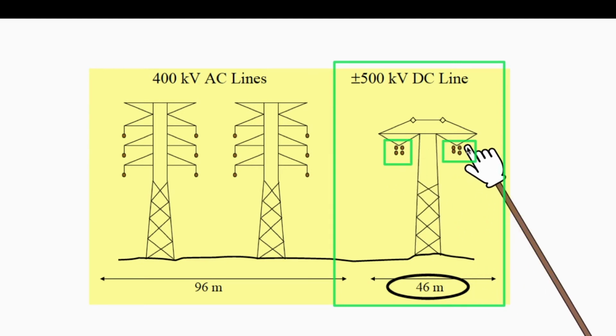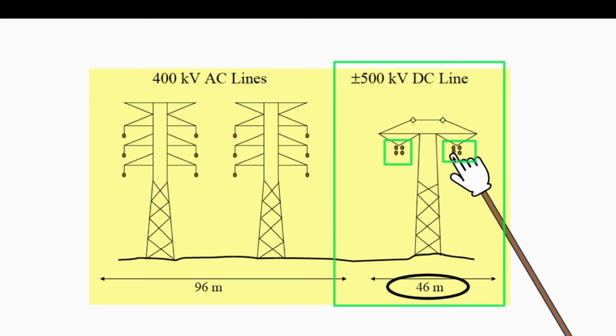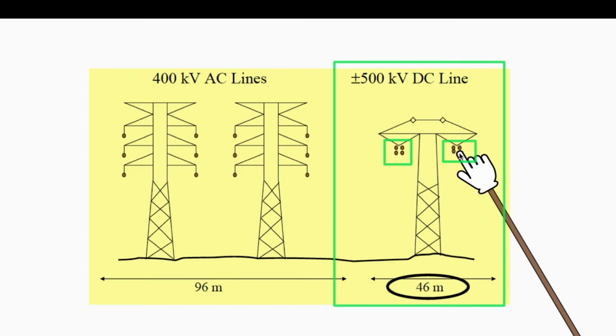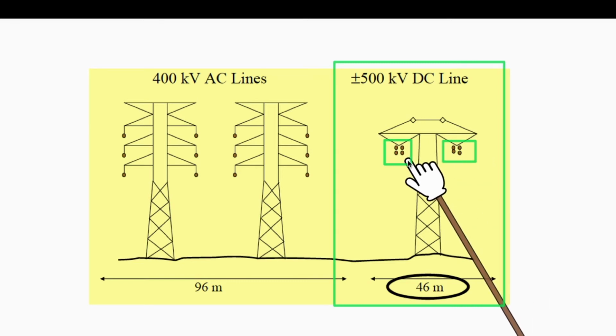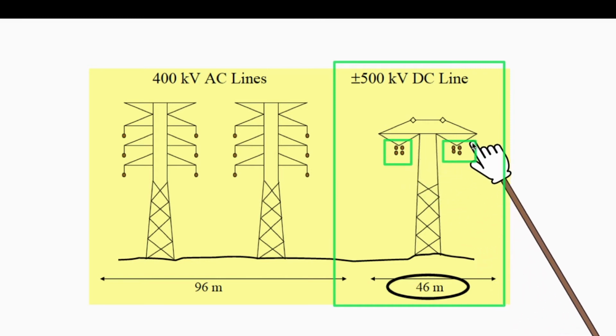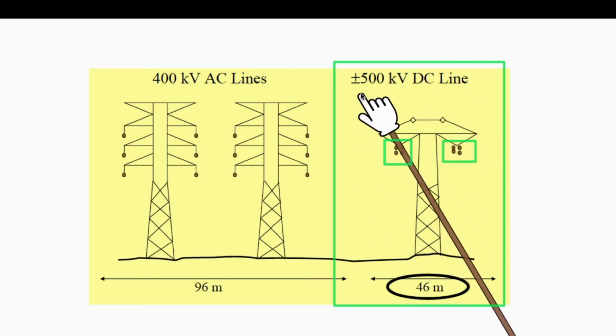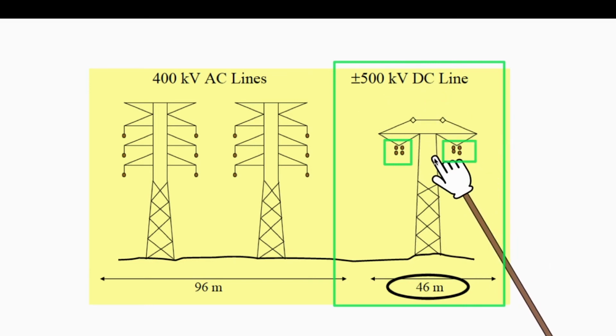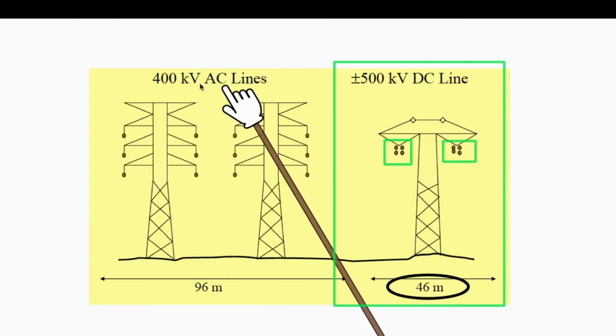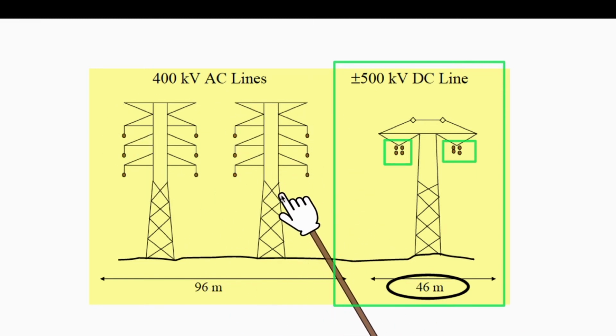Only 2 sets of conductors are used, and naturally you require a single circuit for transmitting the power. This is a single circuit plus minus 500 kV DC line, which is capable of carrying power equal to 4 circuits of 400 kV AC line.